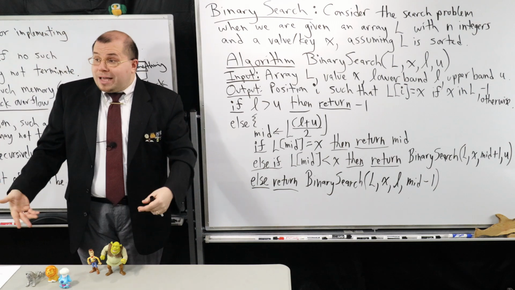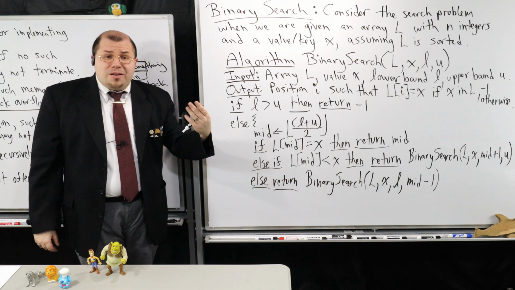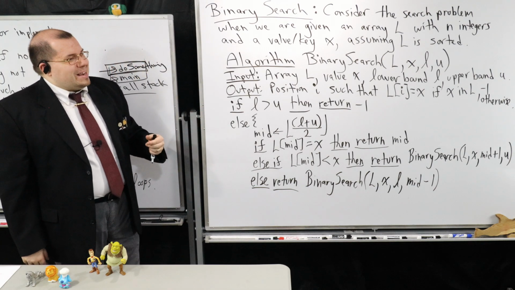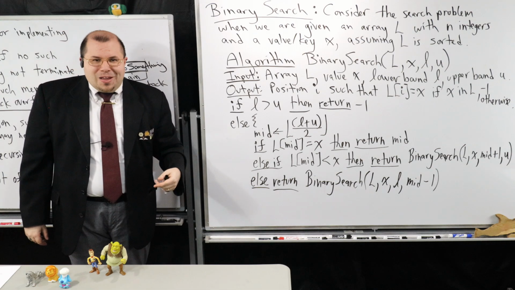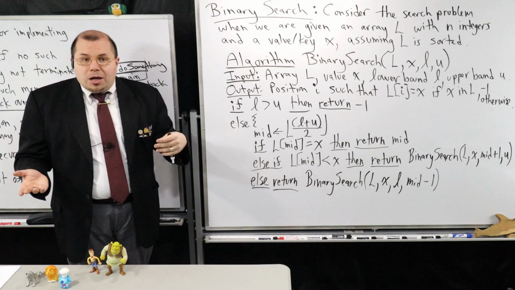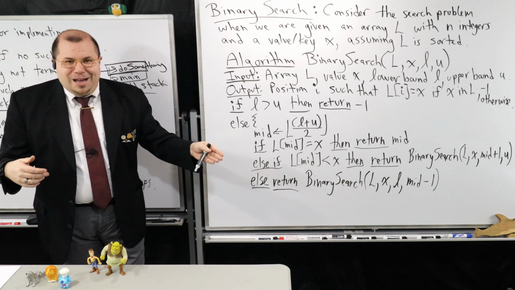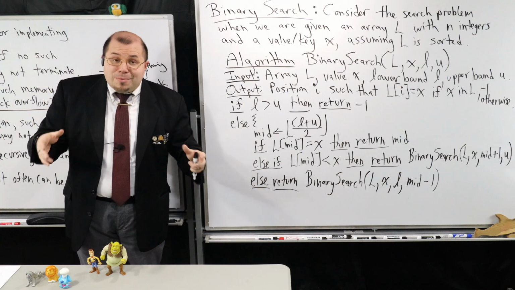In fact, you could play this kind of guessing game with somebody. You may have played this game before, where somebody asks you to guess a number, and you ask, is it larger or smaller? Numbers have this nice property that you can order them like this. So it's very much the same idea.